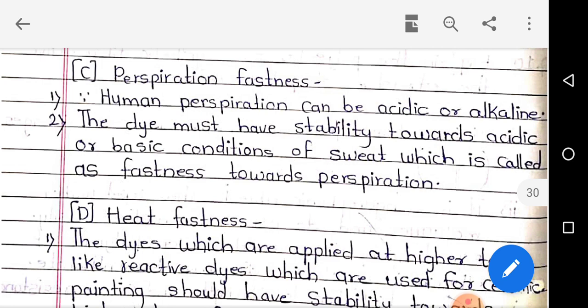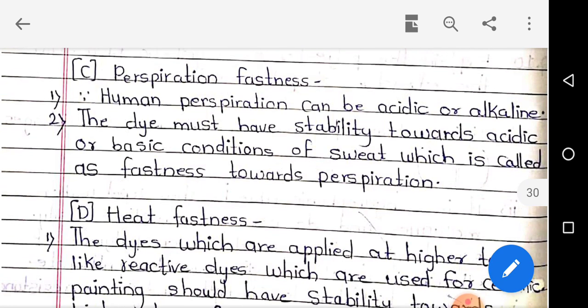That material firstly sticks to the cloths which are near to the body. That sweat having a particular pH, sometimes acidic, sometimes basic, that particular pH can change the dye's color, and the dye's color is lost. So the dye should bear that pH of the sweat and maintain its color.